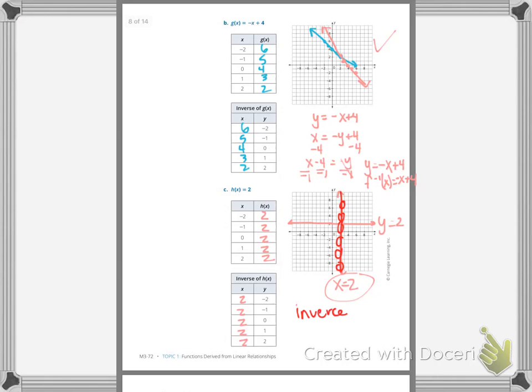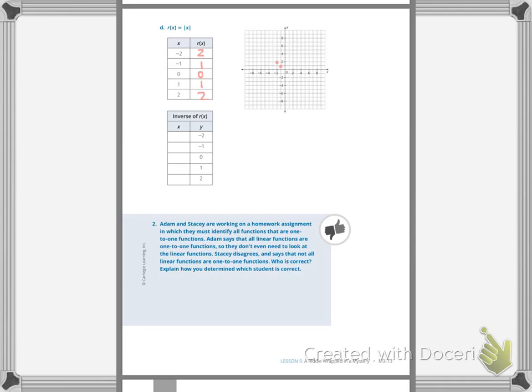Inverse, not one-to-one, because it doesn't pass my vertical line test. Let's go back to this one. Okay, now we got to flip them. So 2, 1, 0, 1, 2.